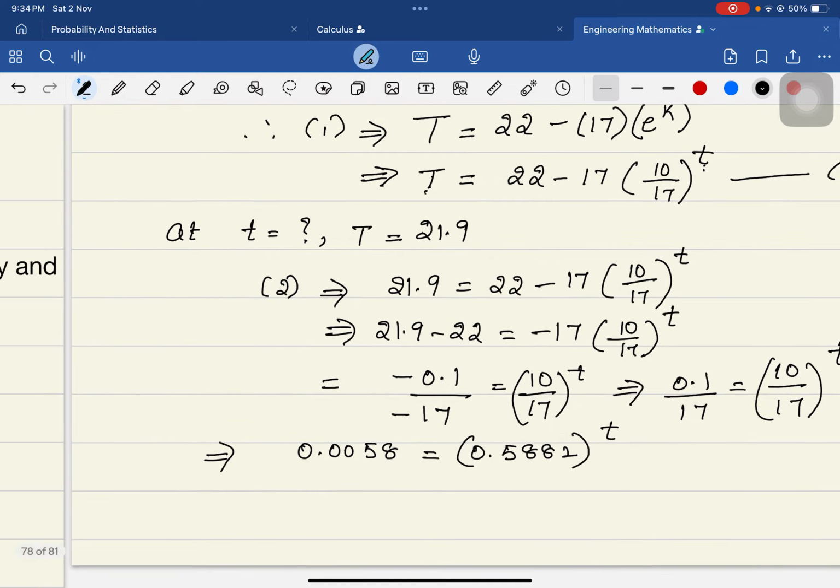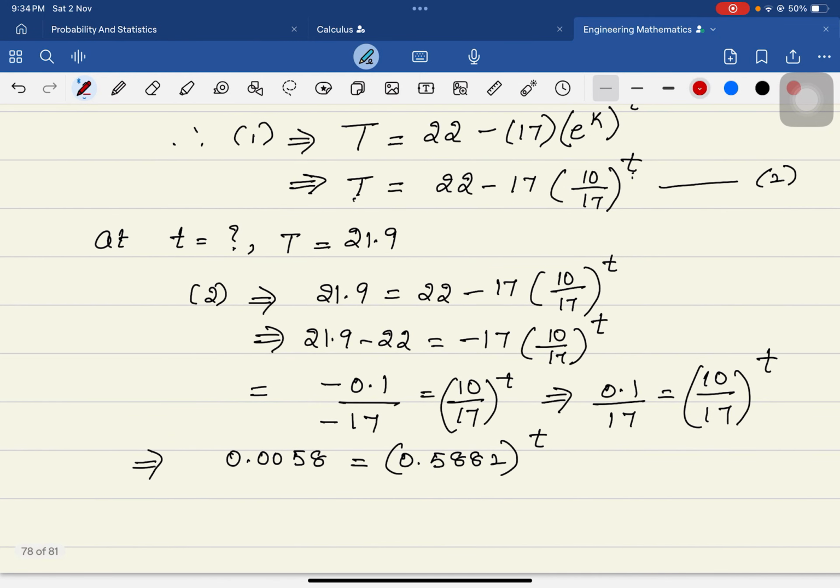Now you should understand one rule, which I hope you already remember from linear differential equations. Suppose x is equal to y to the power of t.